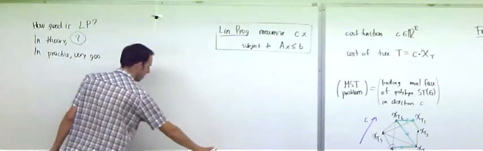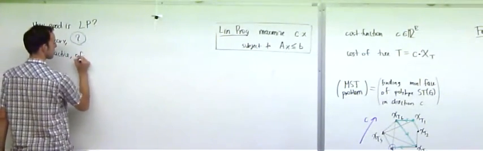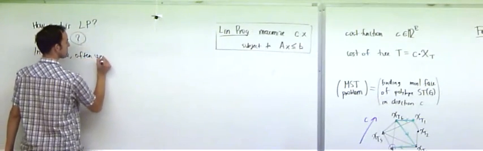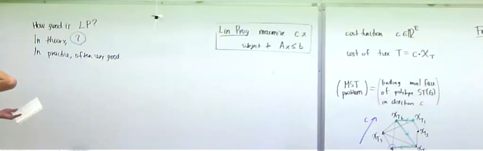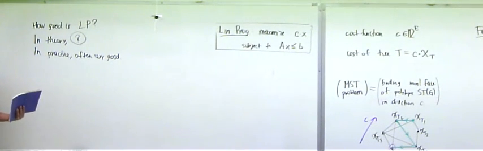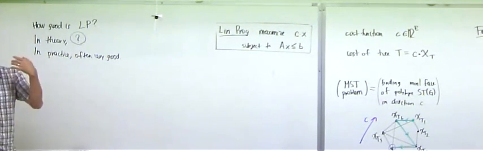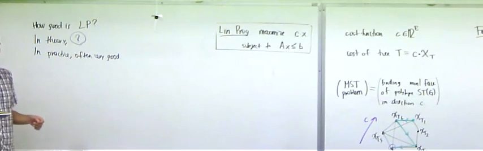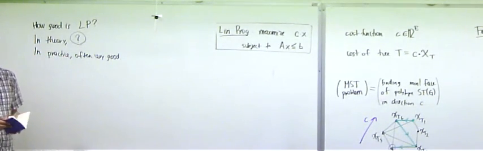Let me say often very good. What I mean by this is that linear programming is one of different methods that you could use for optimization. It's one of the oldest methods, and since then fancier methods have been developed, and yet linear programming often seems to be the best one, even though it's one of the more basic ones.